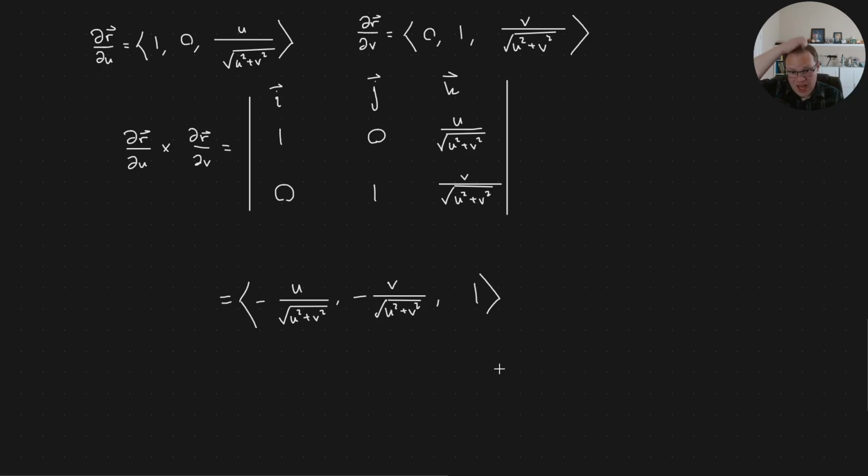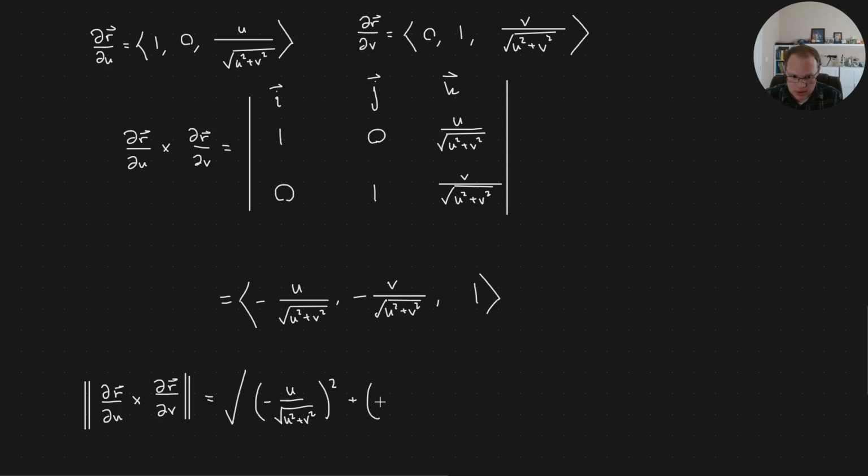Okay? I want the norm of this, the norm of the cross product. So I get the square root of the first component squared plus the second component squared plus the third component squared.